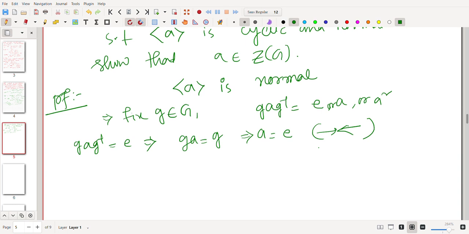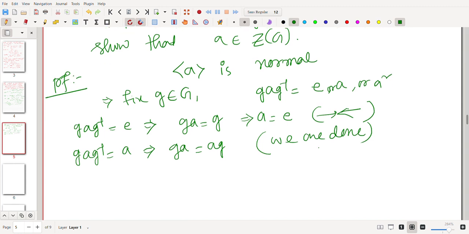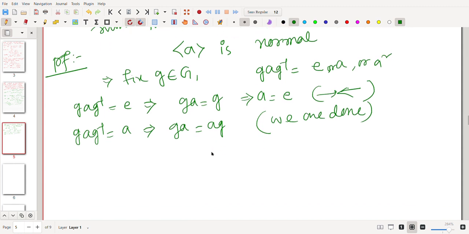This is a contradiction because A is an element of order 3. If g A g inverse equals A, that means g A equals A g. We are done, right? We are done because A commutes with g.